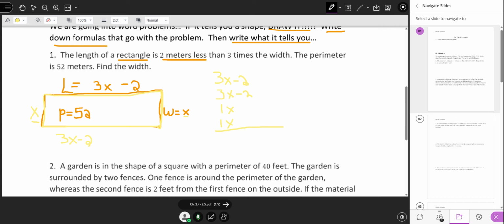Add all of those up. So 3 plus 3 is 6, 7, 8. Keep the x. If I owe 2 and I borrow 2 more, I still owe, and I owe 4. And I let that whole thing equal the perimeter.